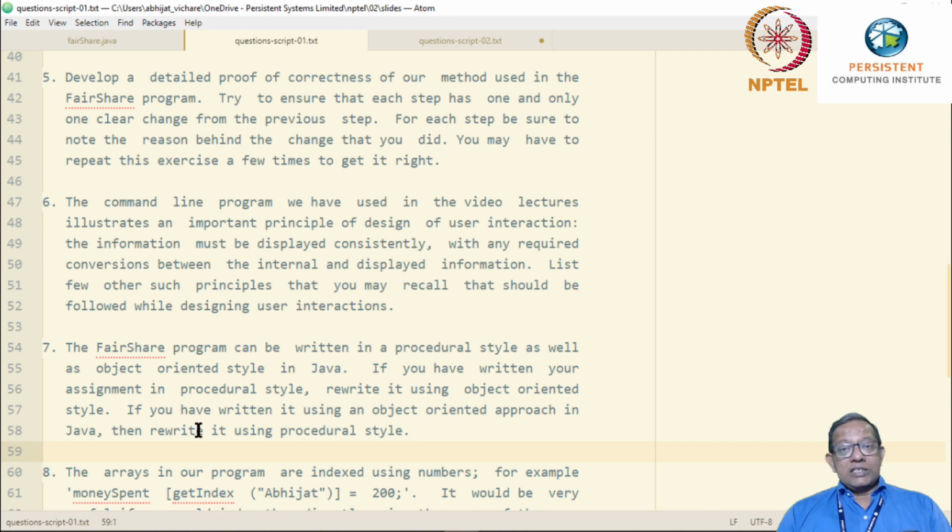Therefore, this question asks you to write in the other style than the one that you have written. If you have written in an object-oriented style, then this question asks you to rewrite the program in a procedural style. If you have written it in a procedural style, then this question asks you to rewrite the program in the other one.